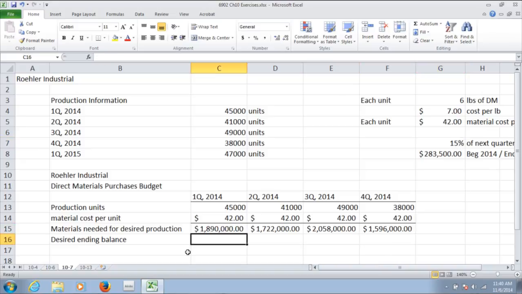So for first quarter, we would want 15%, lock that cell in here, and multiply that by the second quarter's desired materials requirement. So that means we take that 15% of 1.722 million, and that gives us what additional amount we want to have on hand at the end of the first quarter, beginning of the second quarter.